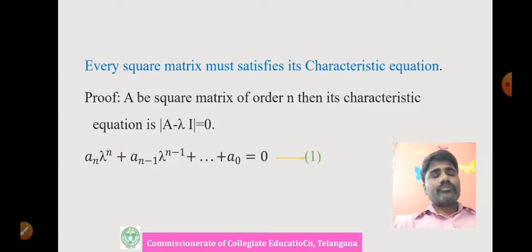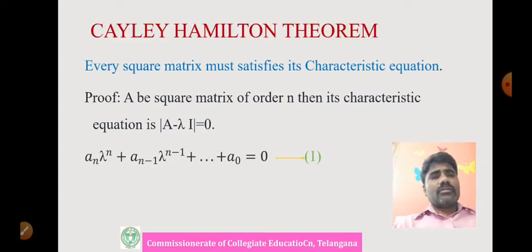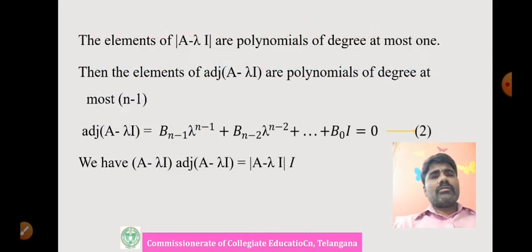Now consider the elements of determinant of A minus lambda I. Determinant of A minus lambda I means the diagonal elements of A are subtracted by lambda.